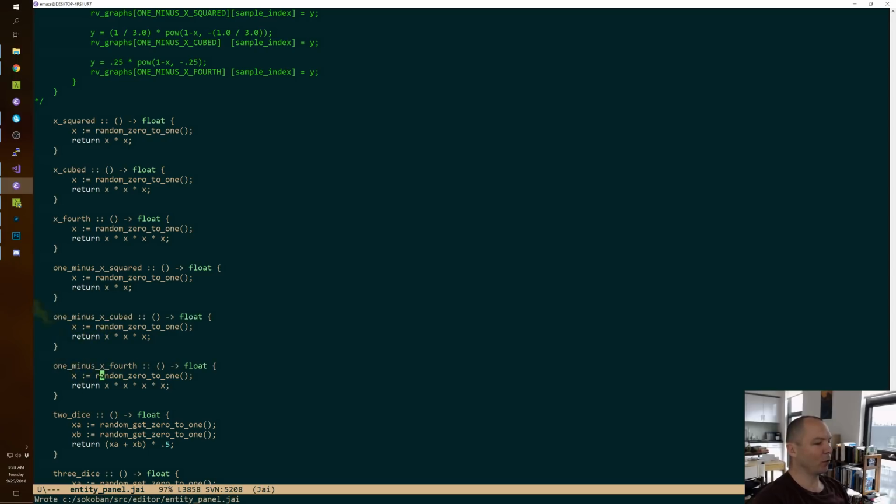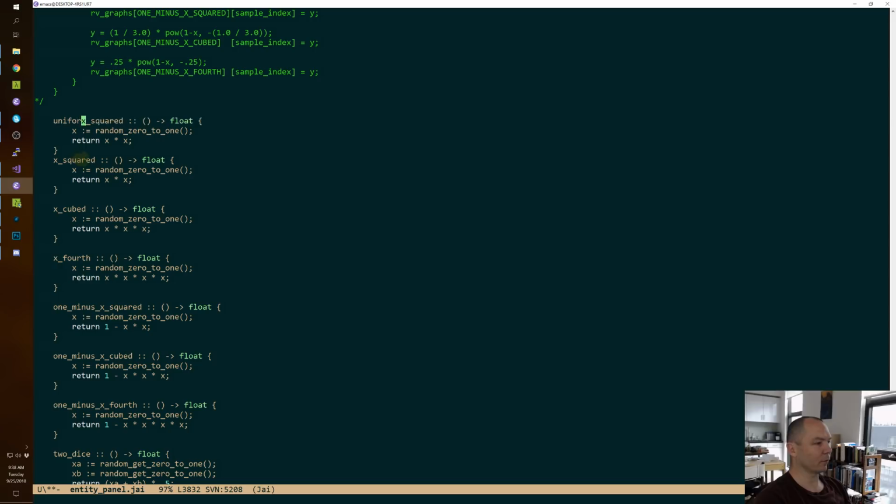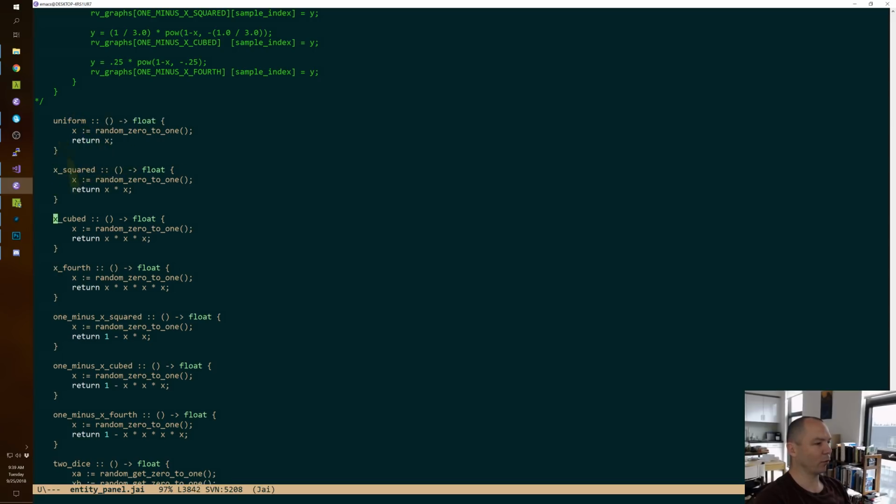Because when we return uniform, we want to see a flat line, and if it's not, that tells us if our random number generation is wrong. So uniform is just x to the first.